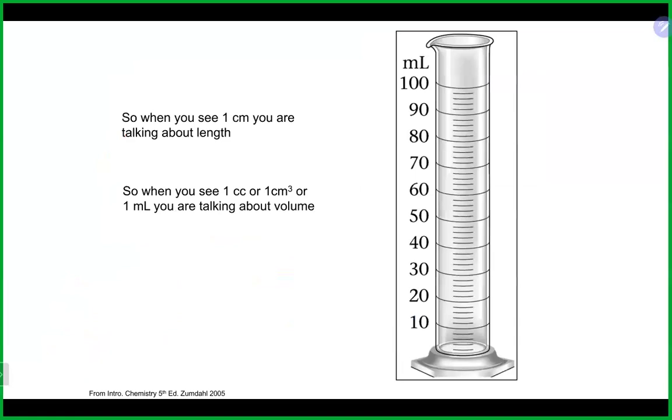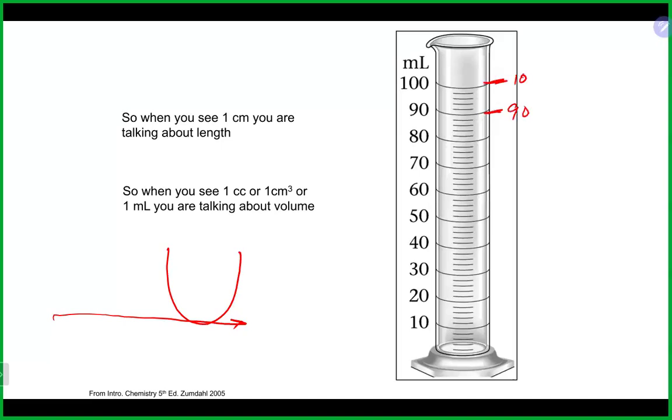In addition, we want to make sure that when we do take a reading, we read a liquid, for example, from the bottom of the meniscus. Here's another scale on our graduated cylinder, and things are different depending on the graduated cylinder or glassware. That's 90.